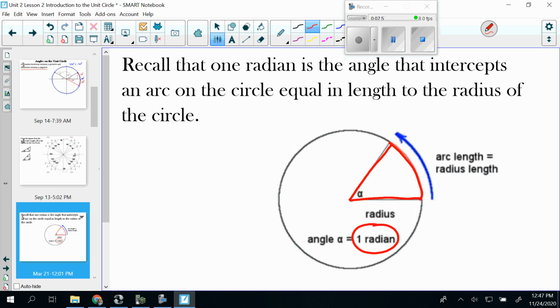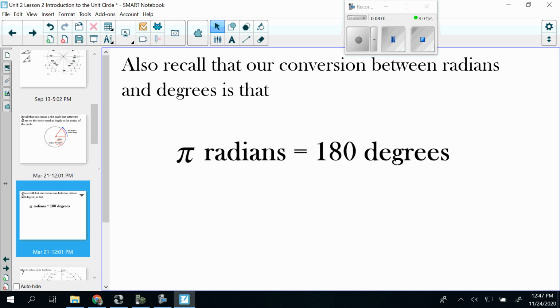And then we also learned from that there's a little bit more than 6 of those radians around the circle, and in fact it ends up being that 2 pi radians go around a circle, so that's equal to 360 in degrees. And so if we divide by 2, pi radians equals 180, and that's our conversion that we usually use to change between degrees and radians.